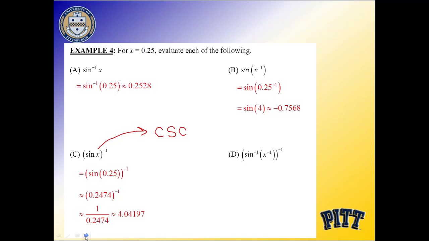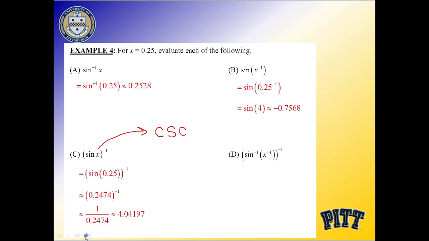Some newer calculators do have it. You have to go through some menus to get to it, but it'll let you do it. Whereas on some older calculators, you would have to figure out the sine of x and then do its reciprocal, and you can do that in one entry by typing it in this way. And of course, D just goes completely mad with a bunch of -1s.